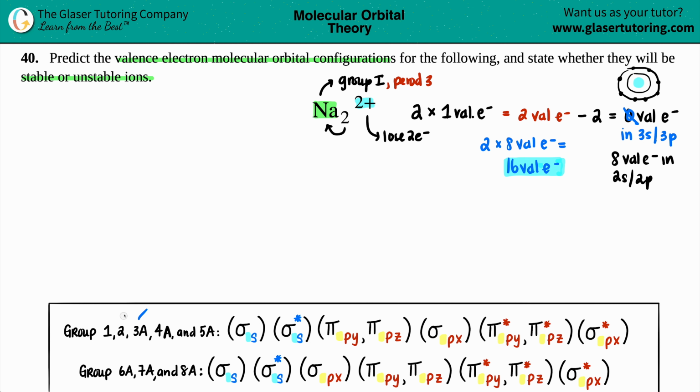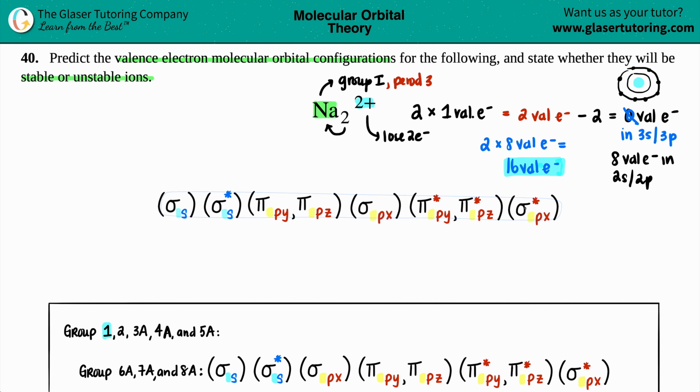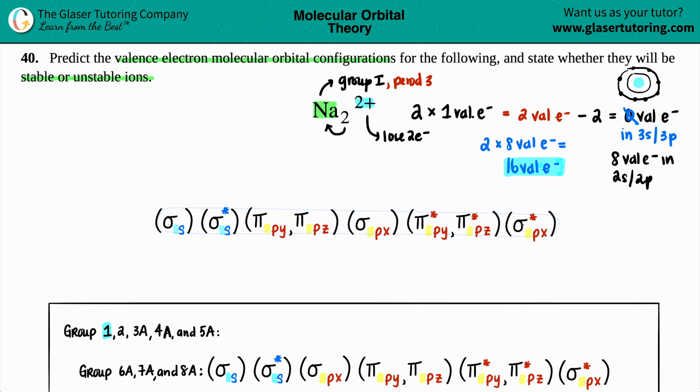Now we just said before that sodium is in group 1. So we're over here. And because sodium is in group 1, we will be using this molecular orbital configuration. So I'm going to take that out of here. And if you want, we could get rid of this because we don't need this anymore.